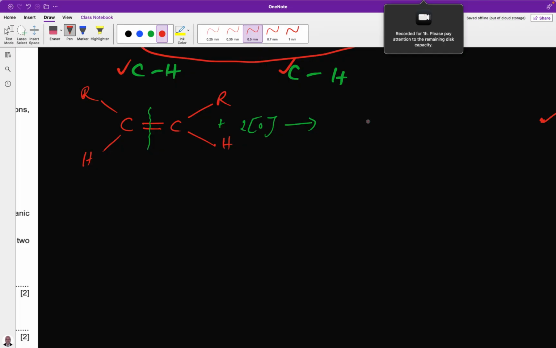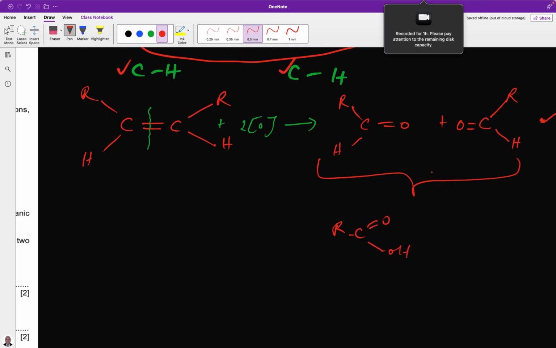We will have this and this, plus we will also have this, and remember all these are aldehydes, and they will undergo further oxidation to carboxylic acid.